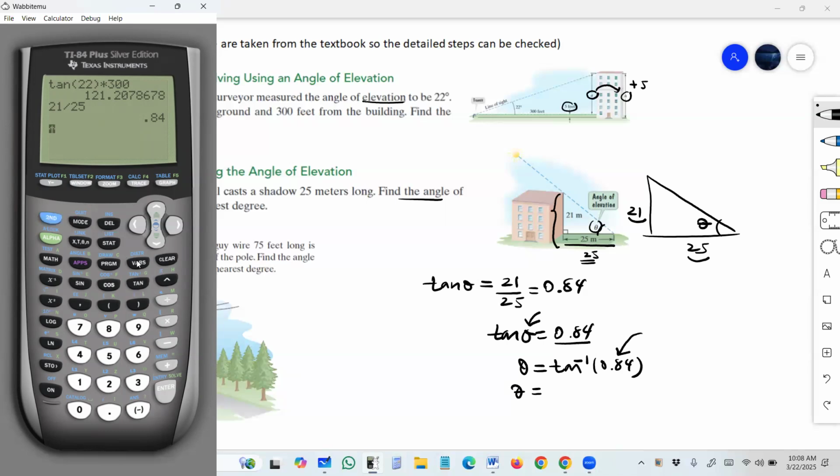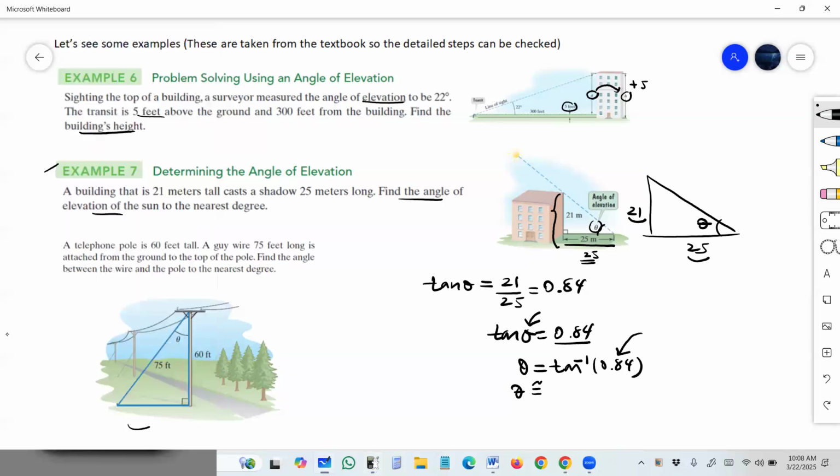So you're going to press second, in this case tangent, 0.84. And you are going to get this approximate value of 40. I'm going to ignore the 0.03. So approximately 40 degrees. Okay. Again, make sure that your calculator is in degrees, not radians. Okay, so theta is 40 degrees.